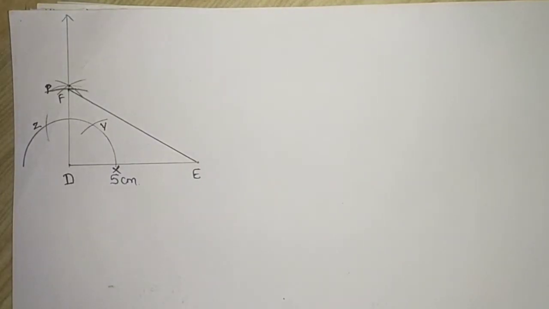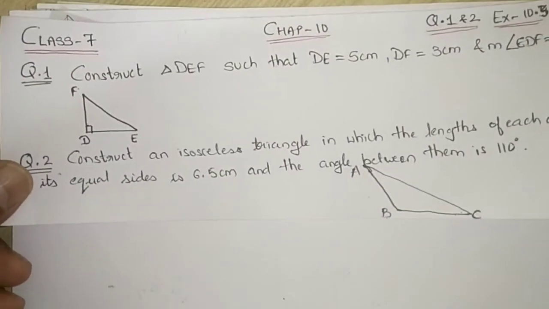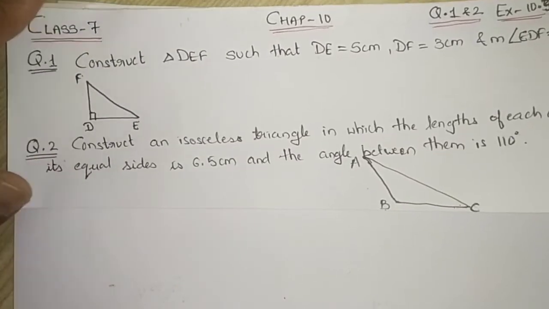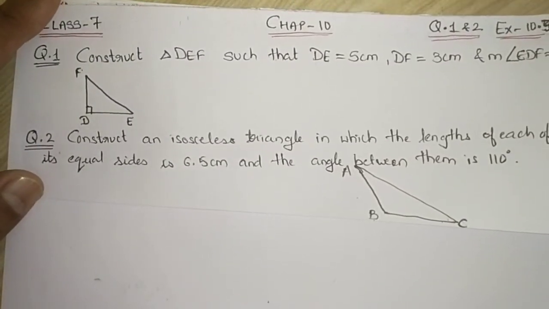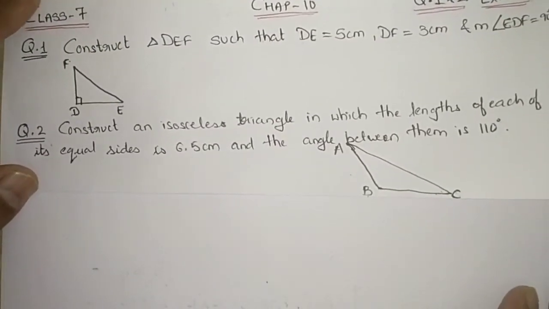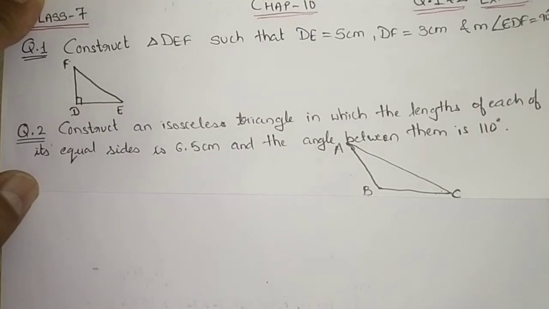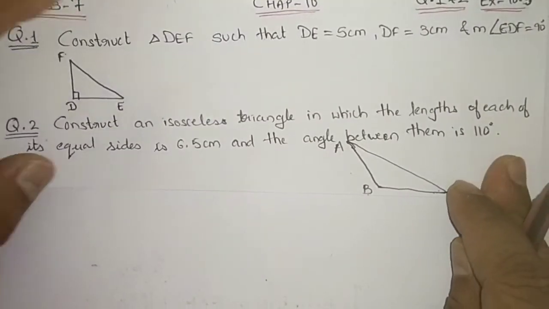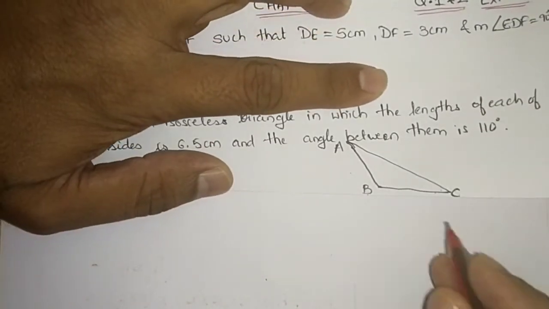Now moving to the second part, second question. Question number 2 says, construct an isosceles triangle in which the lengths of each of its equal sides is 6.5 centimeter and the angle between them is 110 degree. You know that in an isosceles triangle, two sides are equal.